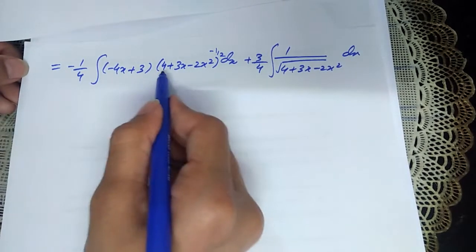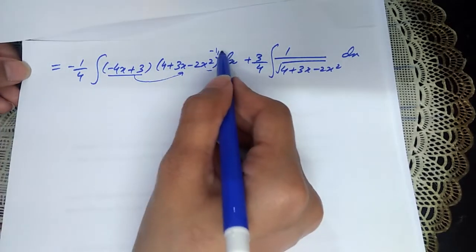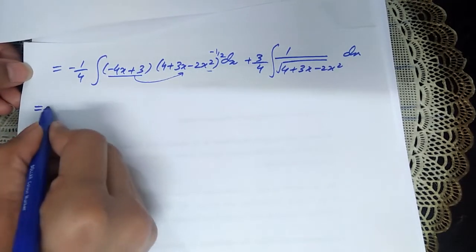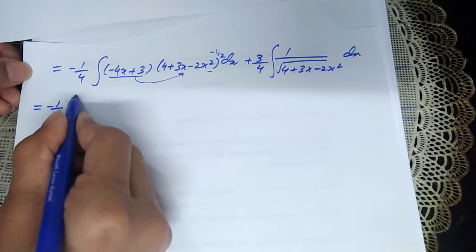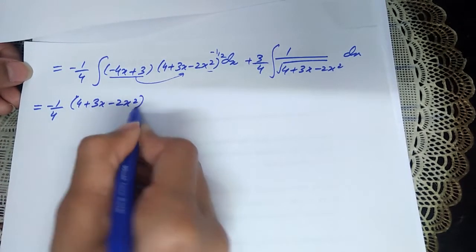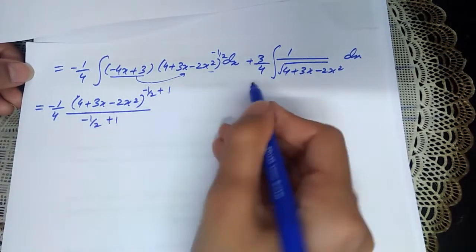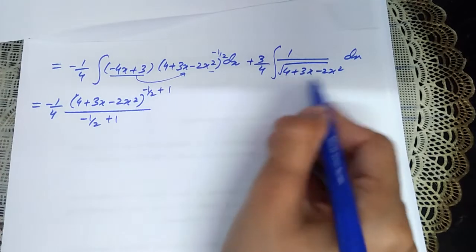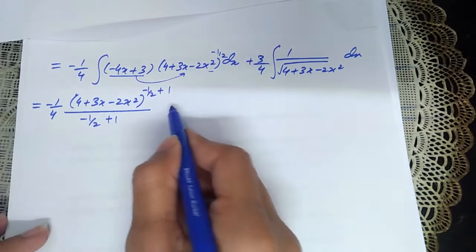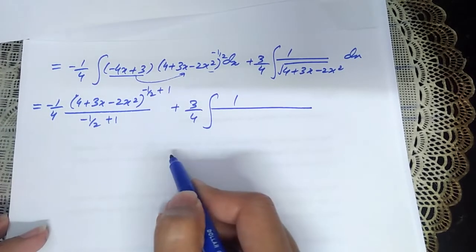This thing, you know that this thing is the derivative of this function. So in how we will integrate it, power plus 1 divided by that power. So it will become minus 1 over 4 and here you will get 4 plus 3x minus 2x square power plus 1 divided by that power. And now here again we will just complete its square. So it will be plus 3 over 4 integration 1 over.